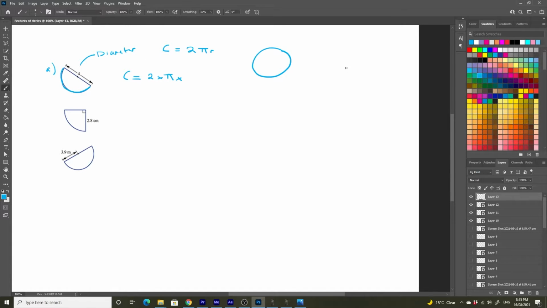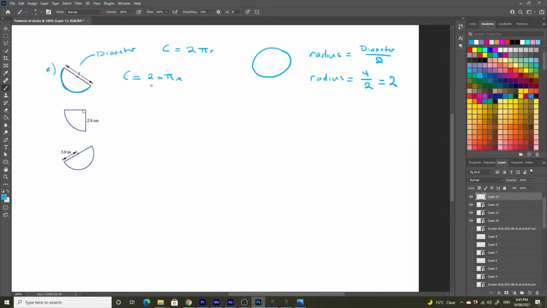If we remember from previous videos, the relationship between the diameter and the radius is that the radius is equal to the diameter divided by 2. So our diameter is equal to 4, our radius must be 4 over 2, which is equal to 2.